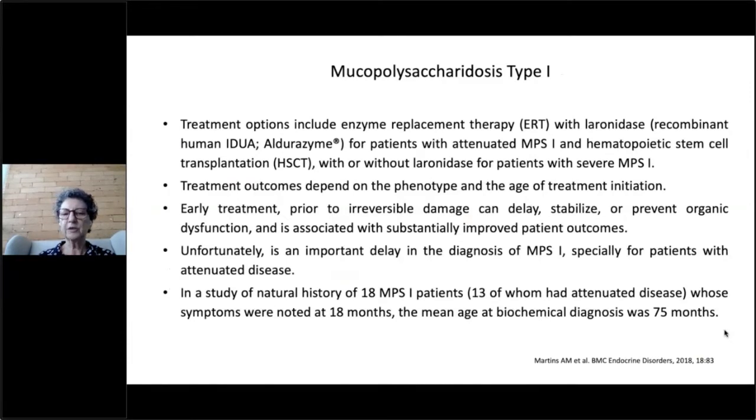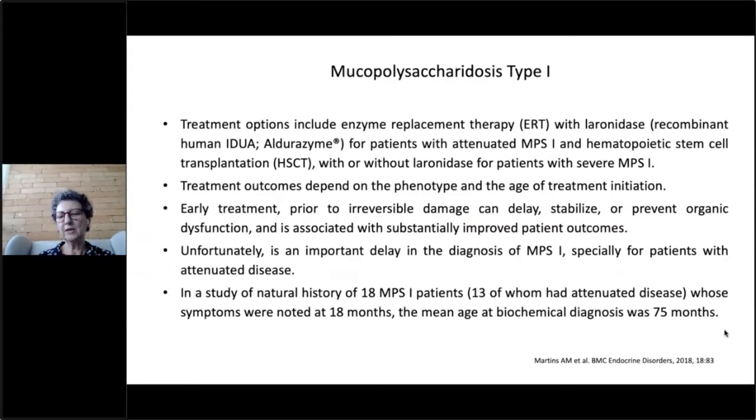Unfortunately, there is an important delay in the diagnosis of MPS I, as you are going to see in this case, especially for patients with attenuated disease. In a study of natural history of 18 MPS I patients, 13 of whom had attenuated disease, whose symptoms were noted at 18 months.